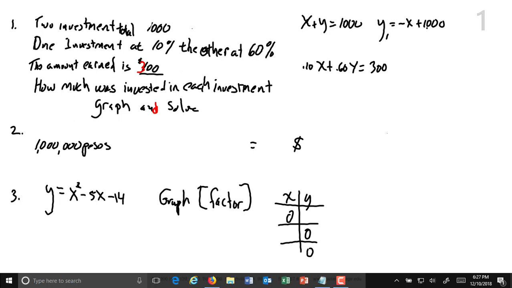And if I multiply both sides by 100, I have 10x plus 60y equals, and then I had to add 2 zeros, 30,000. So I'm going to subtract 10x from both sides.